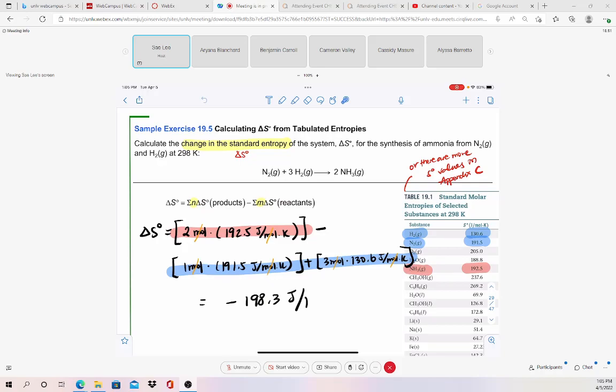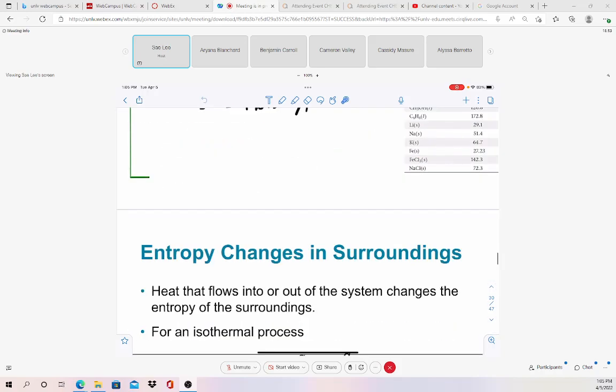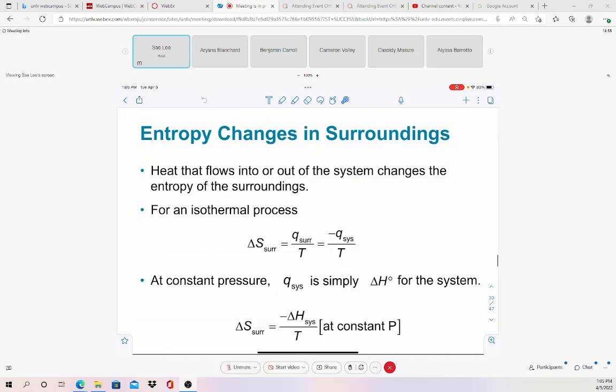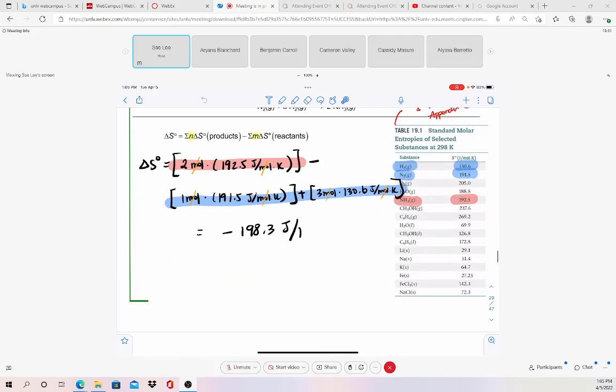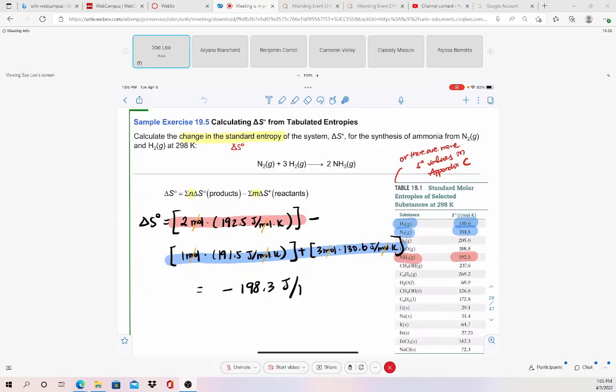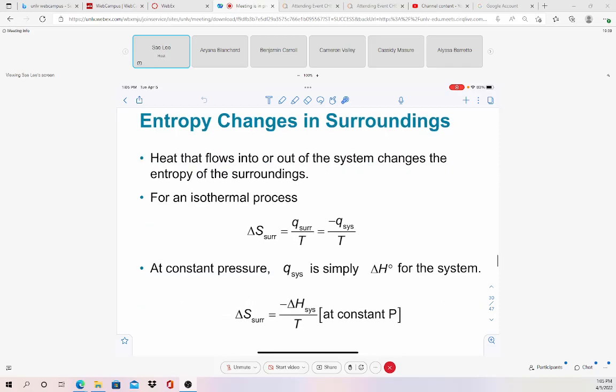So today we will continue on the entropy changes, but we will examine the entropy changes in the surroundings. This was the standard entropy change of the reaction of the system. Now we're going to look at the entropy change of the surroundings.